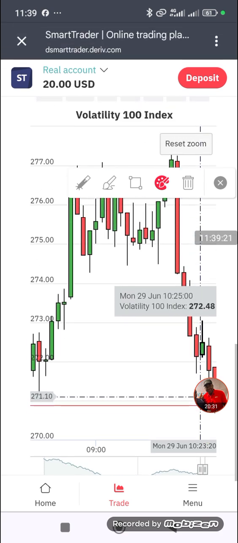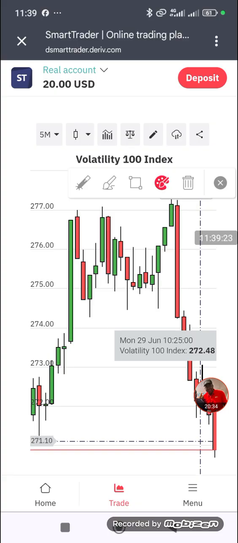If it goes above that place, I can still enter, although the time is almost over. But if it goes above that level, I'll be able to quickly execute a trade. I need it to go above that level.